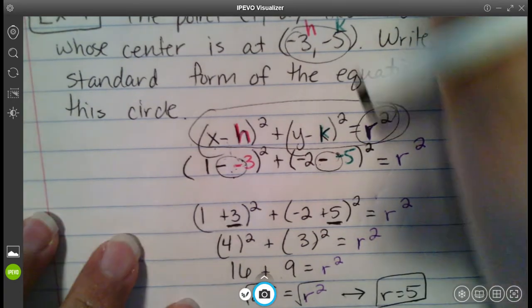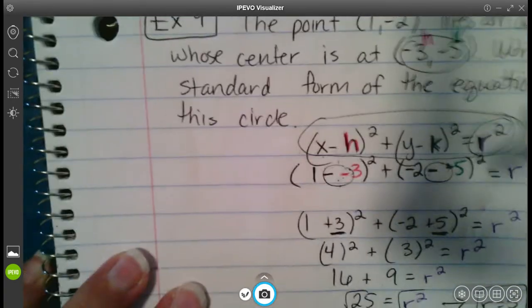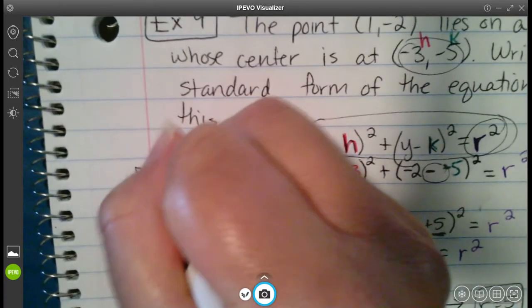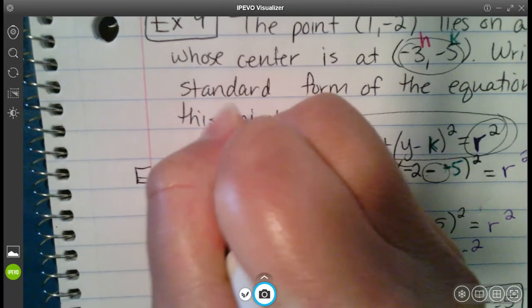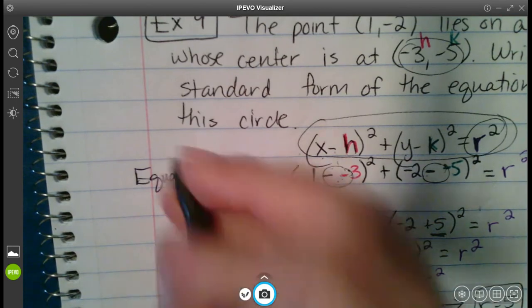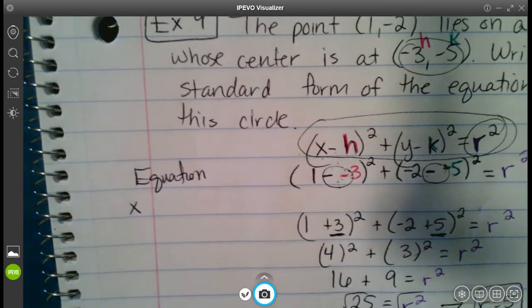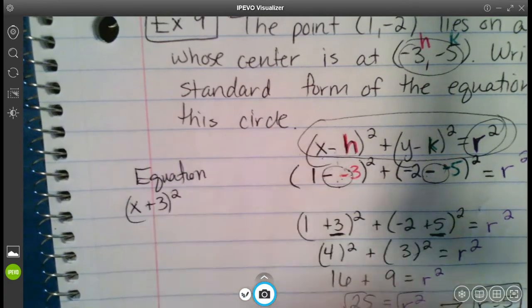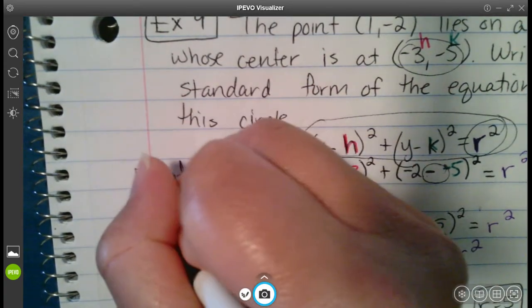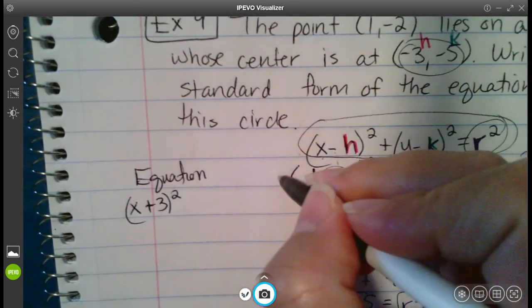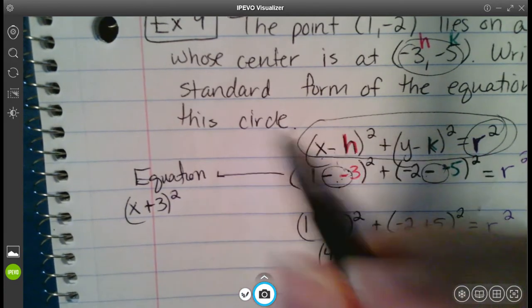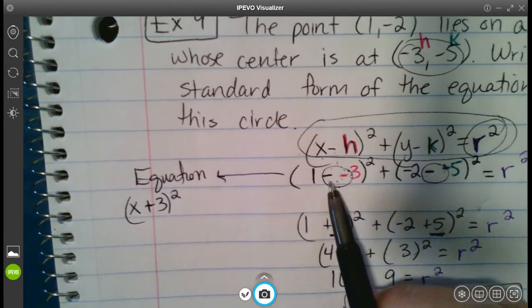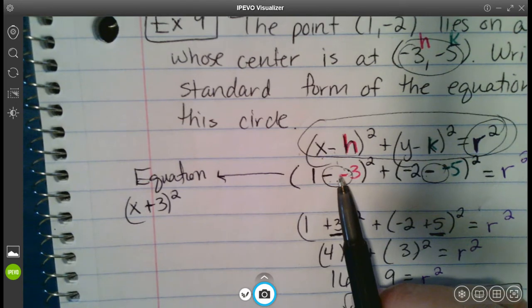Okay. So finally, we're going to just give our equation. The equation looks like it's going to be x plus 3 squared. We're doing plus 3 because I'm getting this from here. We're doing plus 3 because if you put two minuses, that doesn't look simplified.